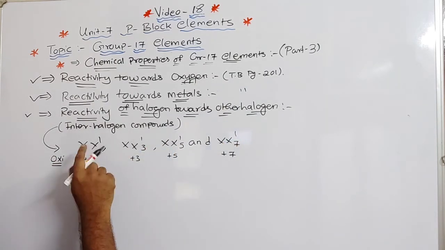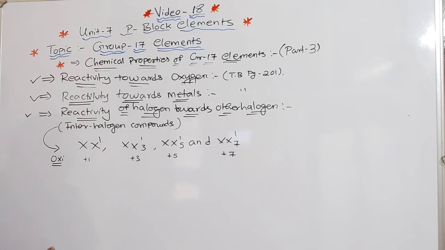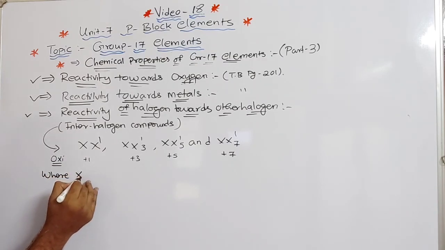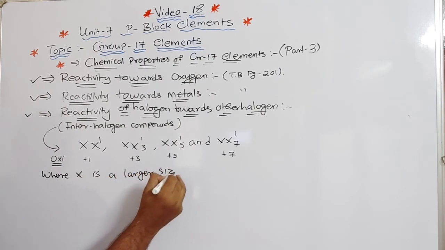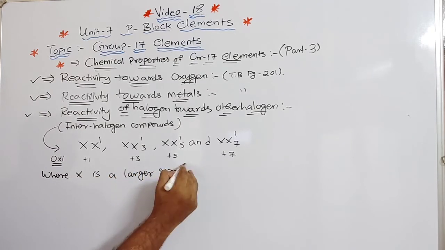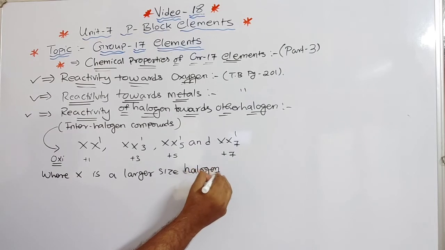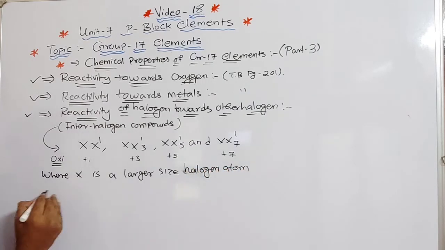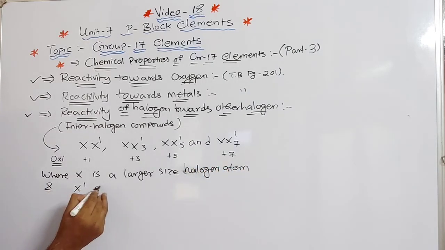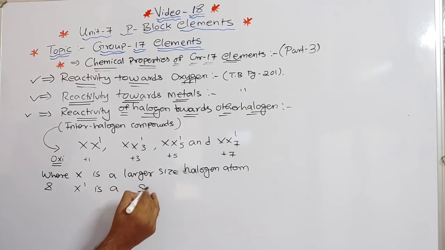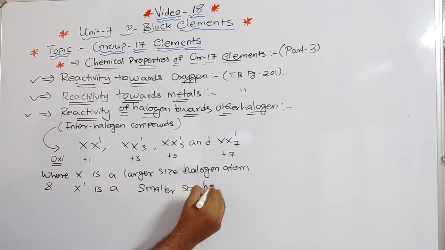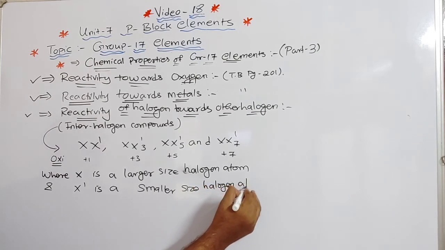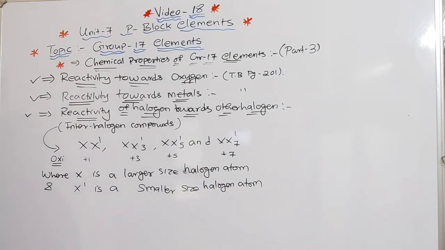You can see one is X and another is X dash. X is a larger size halogen atom, and X dash is a smaller size halogen atom. Okay, so these are the interhalogens we are talking about.